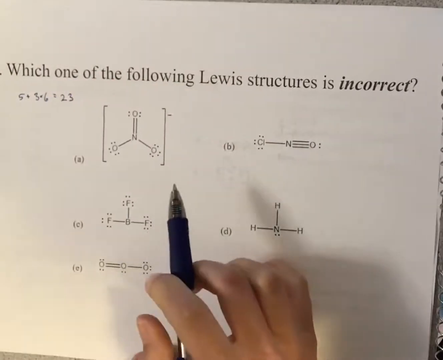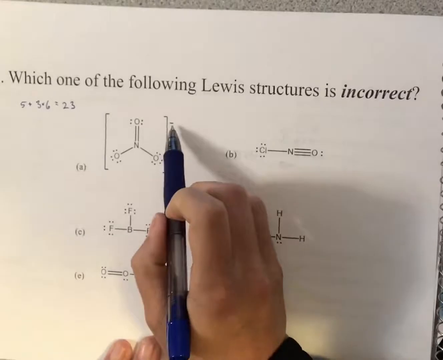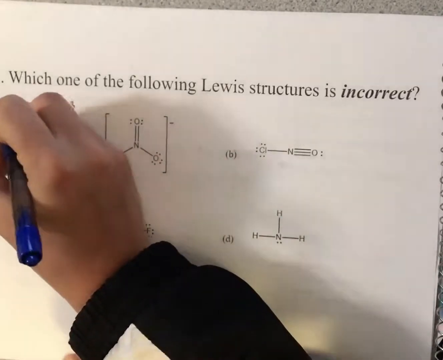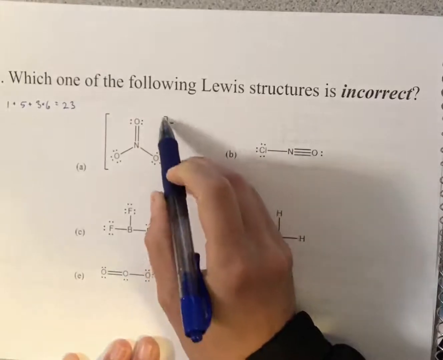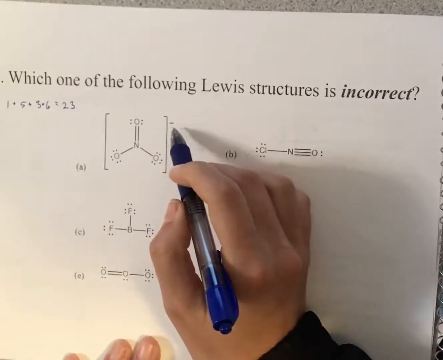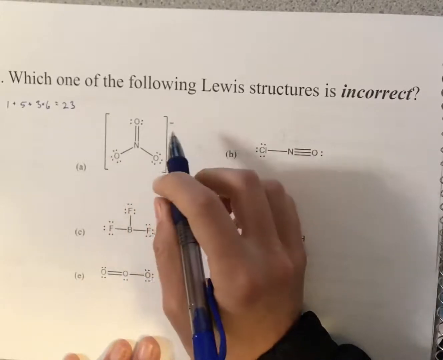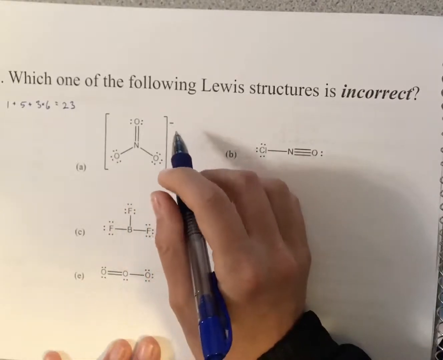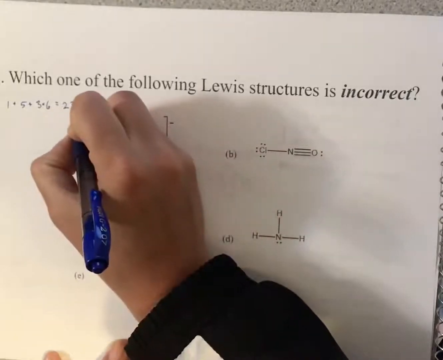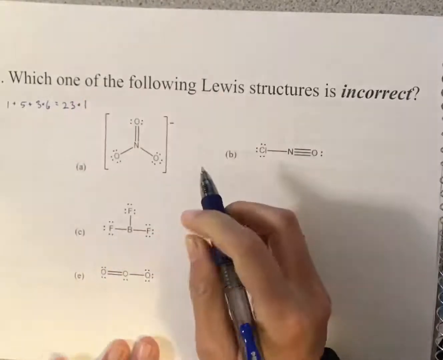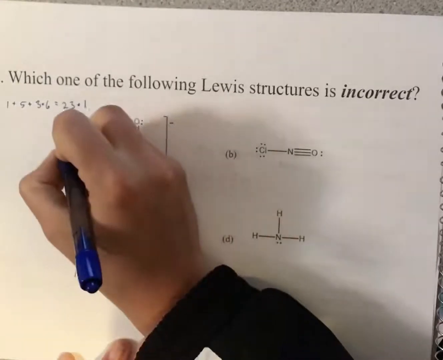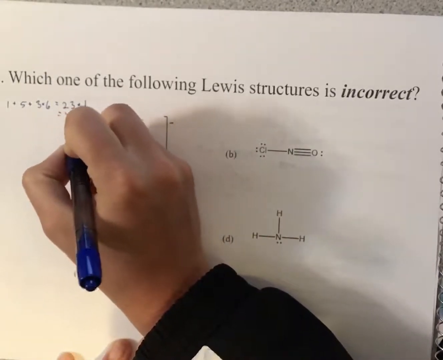Oh, and also we have an additional electron here because this entire compound is charged with a negative 1. And what that means is that we have an additional electron. So kind of like if we ionize something and it has an additional electron, it's like that. So we'll actually have 24.